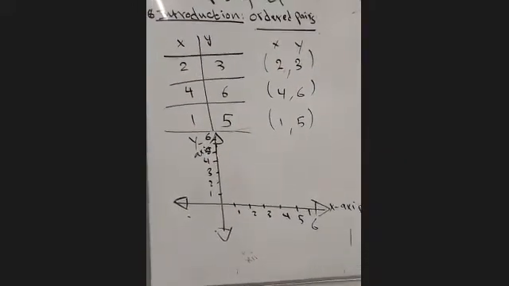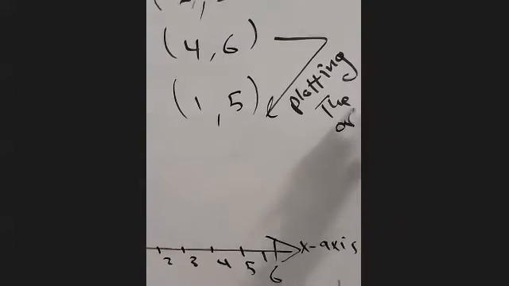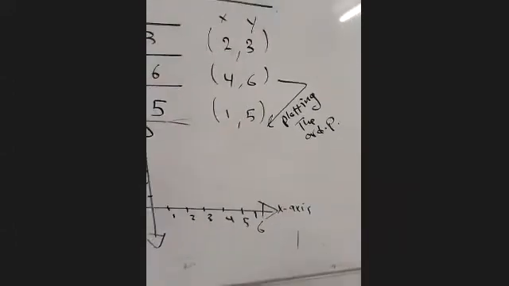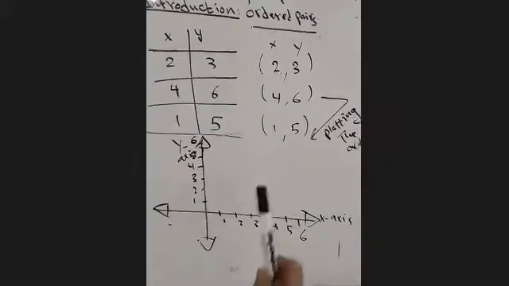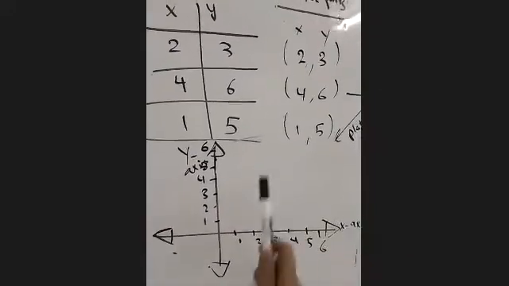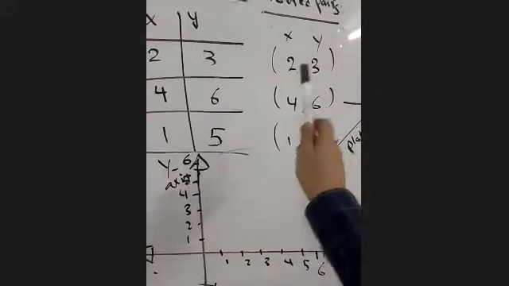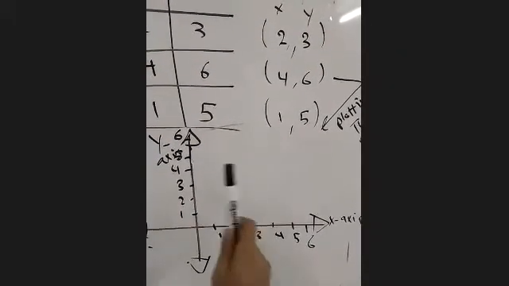Okay? After that, we can do something we call plotting the point, plotting the ordered pairs. We can plot this point here. How? To plot 2 and 3 on this coordinate plane, guys, we always go to 2, then to 3. It means we always go to x, then up to y.